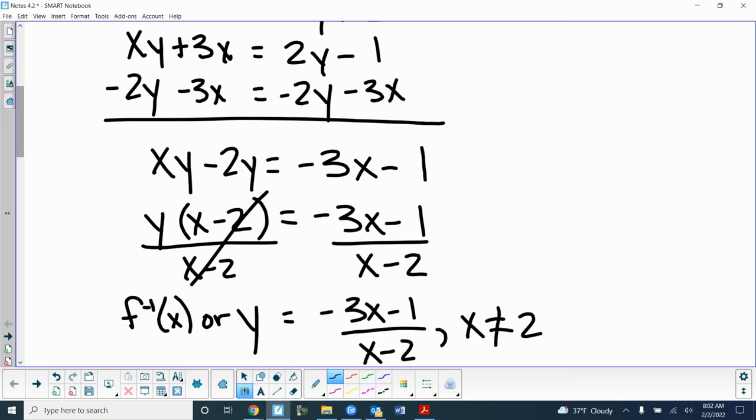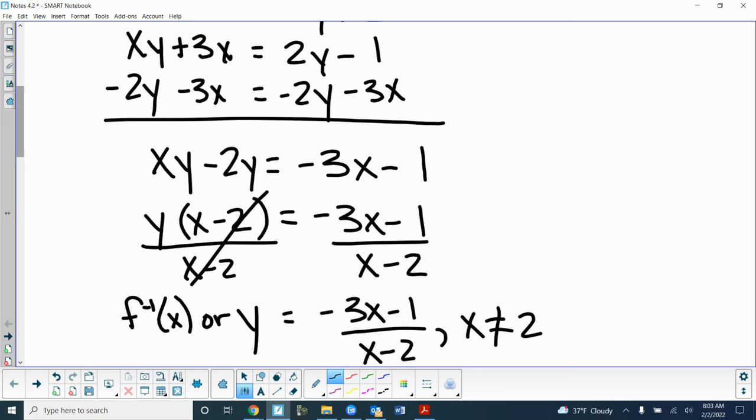So looking at our answers for homework, number 31 was 1/2 x minus 2. 32 was 1/4 x plus 2. 33 was 1/3 x plus 7/3. 34 was negative 1/3 x minus 8/3.